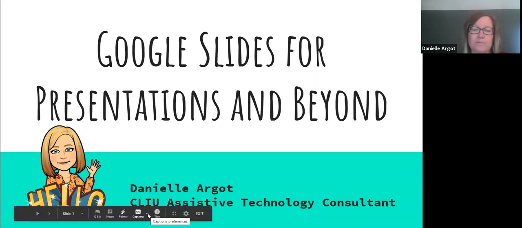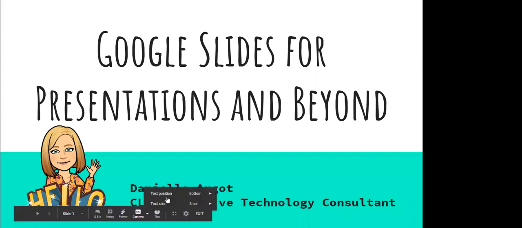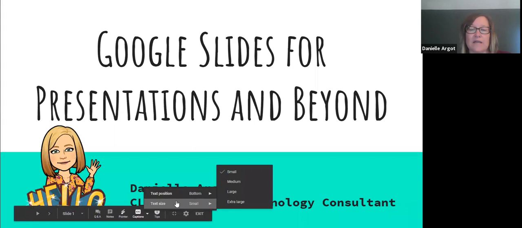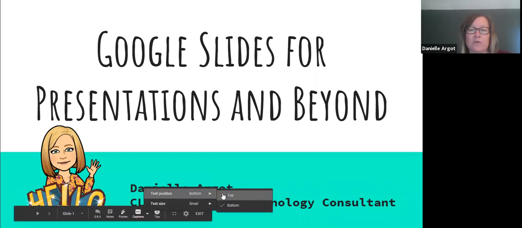So if I use that drop down arrow, I have to hover over it, I can select whether I want my text for my captions to be on the bottom or top, and I can also select the size. For today, I'm going to go with the top for this demonstration, and the text size, I'm going to go to large.